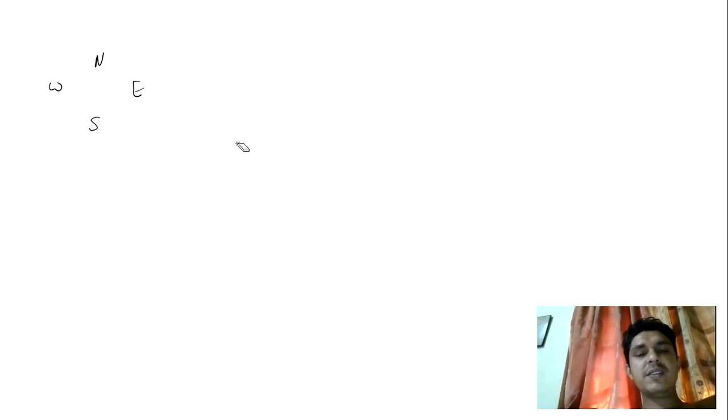So there are two basic points: the point from where the person has started, and the point where he has reached. You have to tell the air distance. The point from which the person has started, you can mark as a cross.